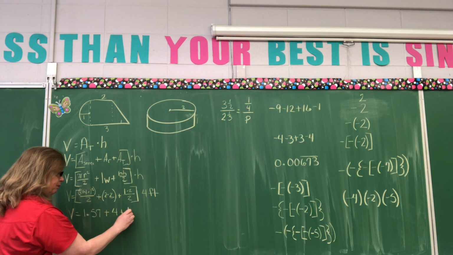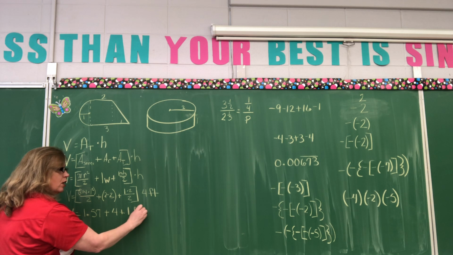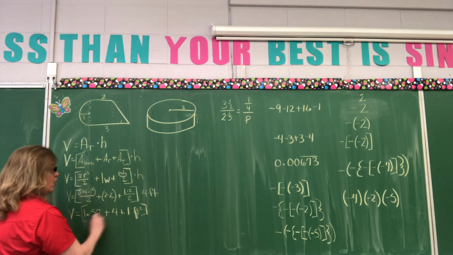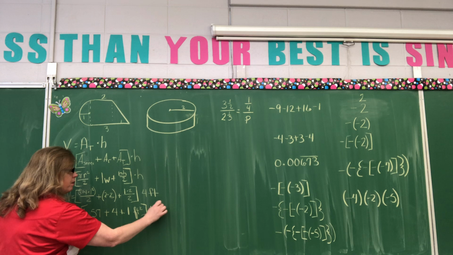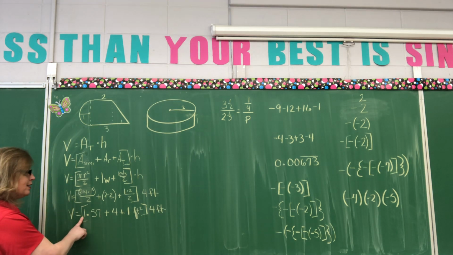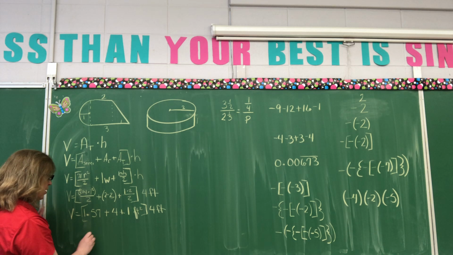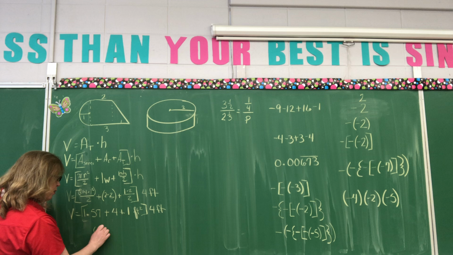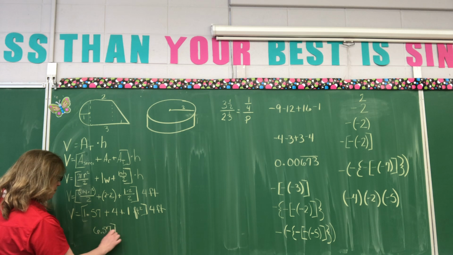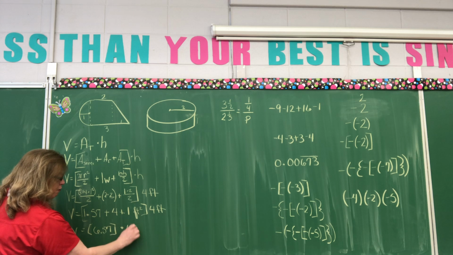We have 1. And again, this is area, so this is all going to be our what? Square feet. We're going to bring this down, and we're going to say 1.57 plus 4 plus 1. So we're going to have 6.57 times 4 feet.